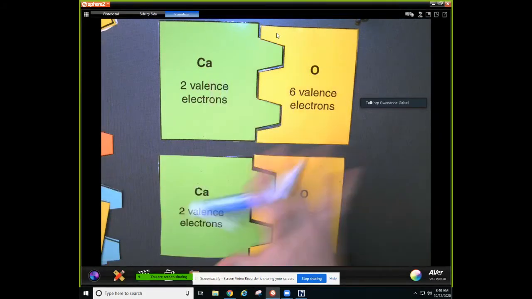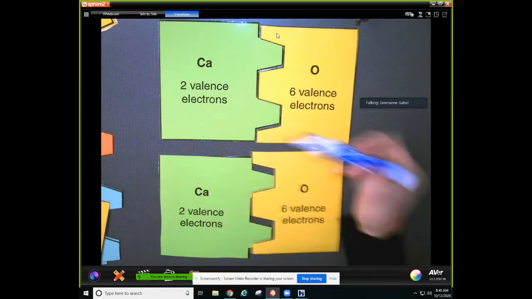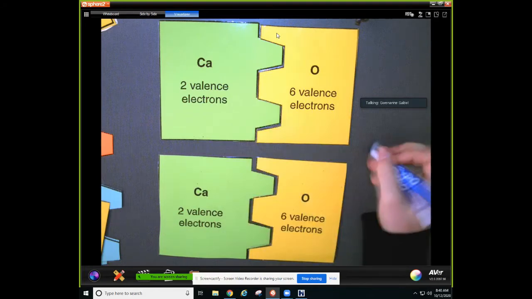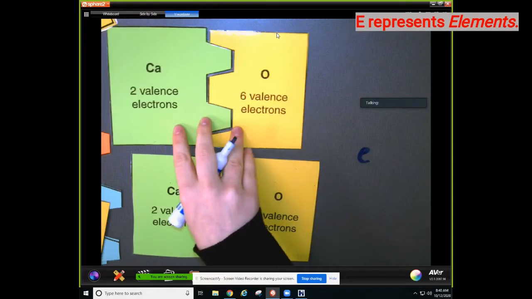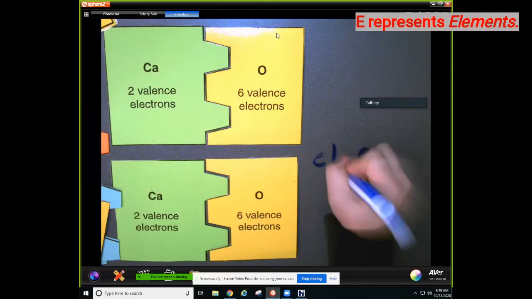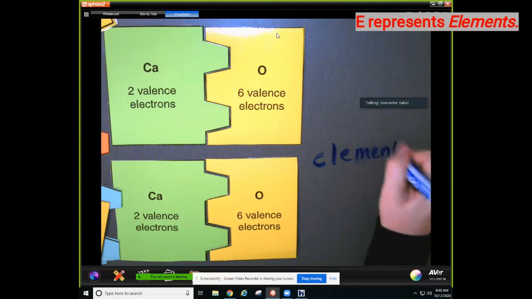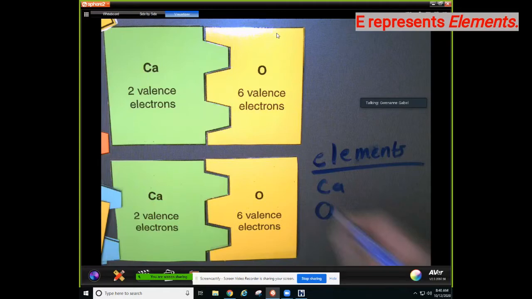First thing I want to look at is how many total elements do I have, okay? So calcium and oxygen, that's all I see. So elements, I'm going to represent with an E. Elements, I have calcium and oxygen.